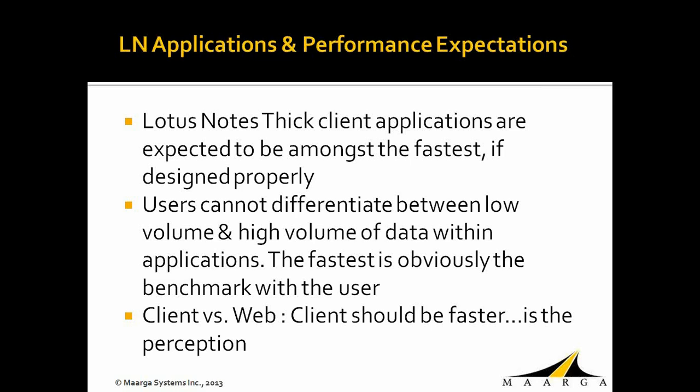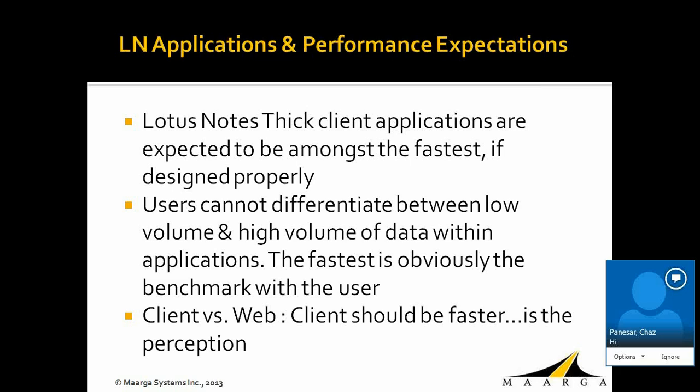So if you give them a database which has just 5 design elements with some 10-15 records, they're obviously going to compare that with one which has 100,000 records, because for the end users, they cannot differentiate between high volume data and low volume data. For them, it is ultimately a Lotus Notes database.